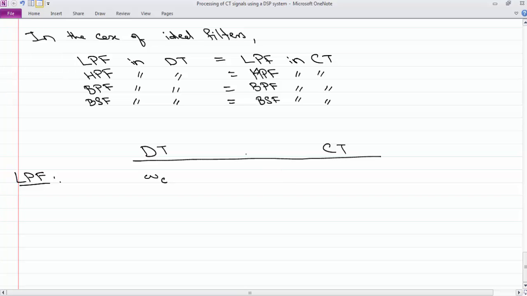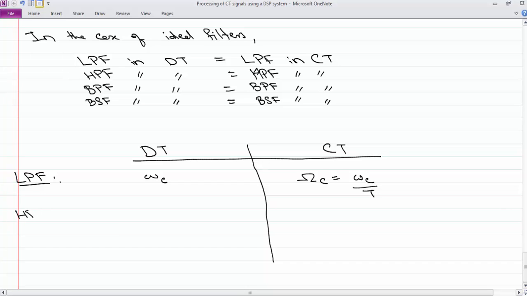Maybe pi by 4. Well, in continuous time, you will still have a low pass filter, but its cutoff will become capital omega c, which will be little omega c over T. Simply a scaling of the frequency axis.